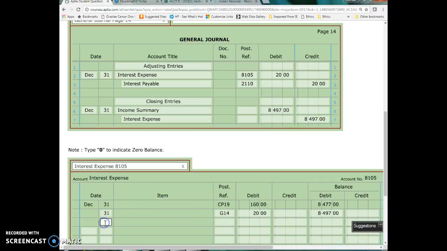So let's go ahead and do that here. 31, G14, debit of $84.97, and when we close, credit of $84.97. Why is it credit? Here's interest expense, credit of interest expense. We have to make that 0. And the interest expense account number is 8105.